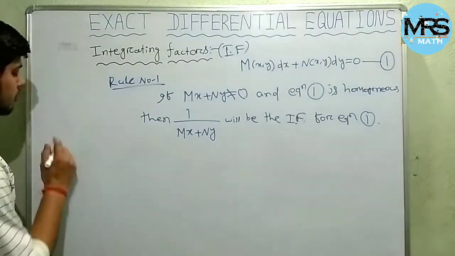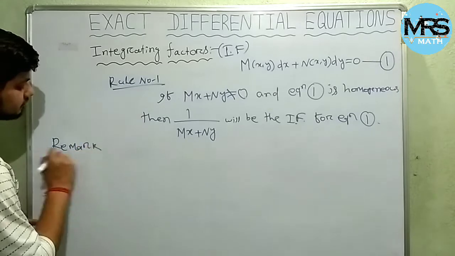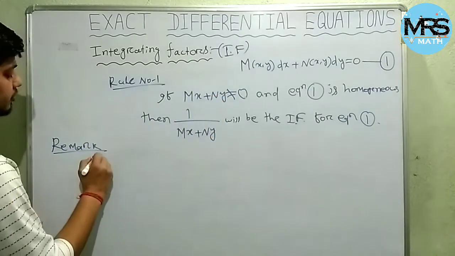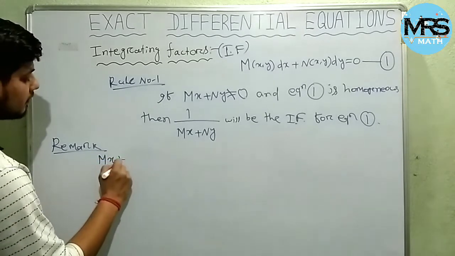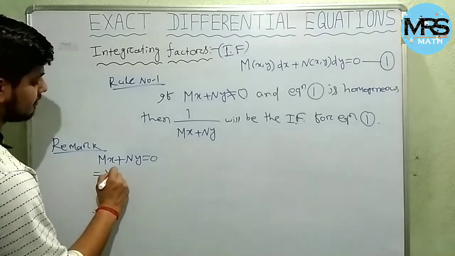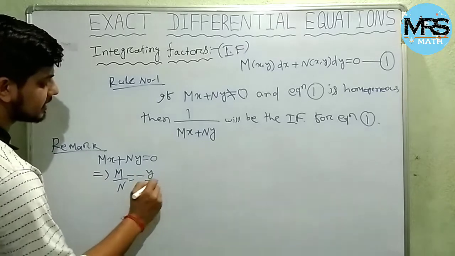Okay students, one remark you can note down here: if Mx plus Ny is equal to 0, then what will happen? Then you will get M by N equal to minus y by x, correct?